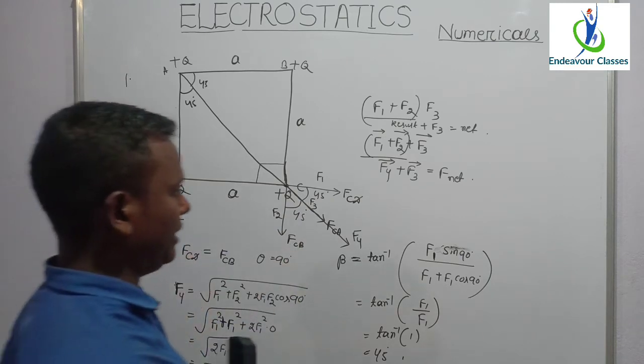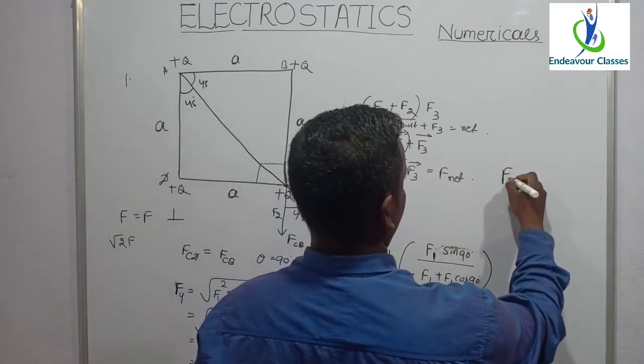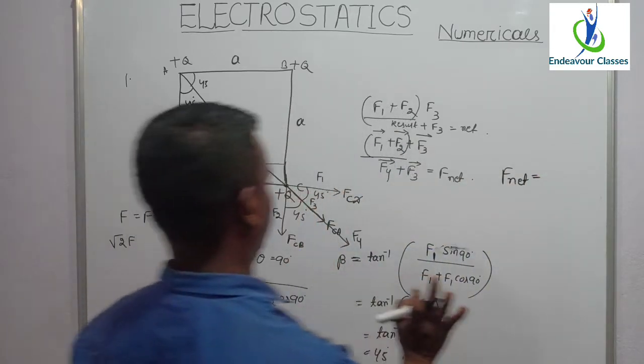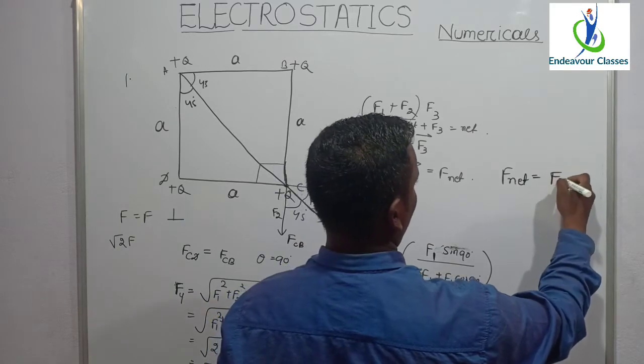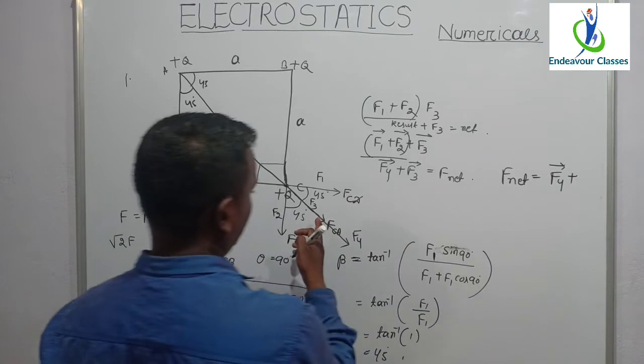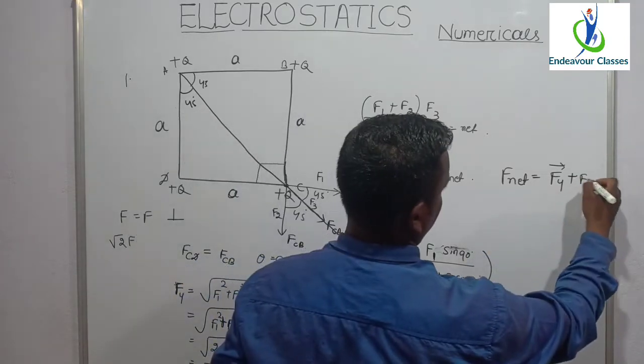So their resultant, that means here we will find out the F net, the net force acting on this charged particle plus Q, will be the sum of F4 and the FCA.